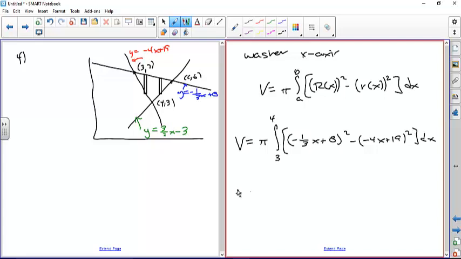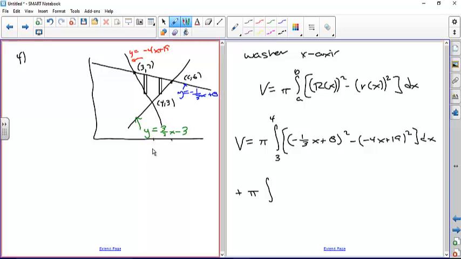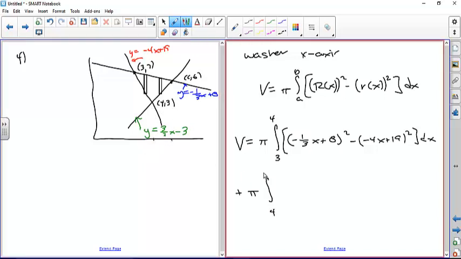And then I have my second integral, which goes from 4 to 6. So where I've left off here, I start there. And the upper curve is still this negative 1/3 x plus 8.